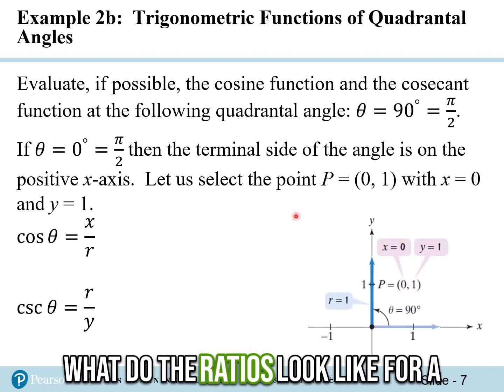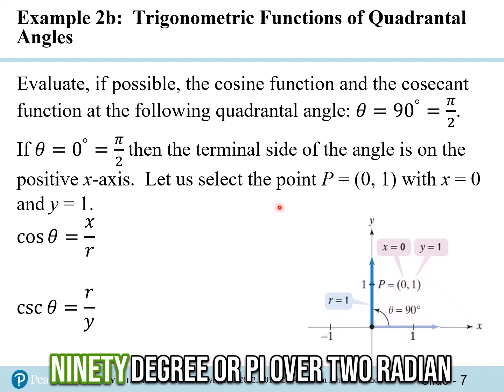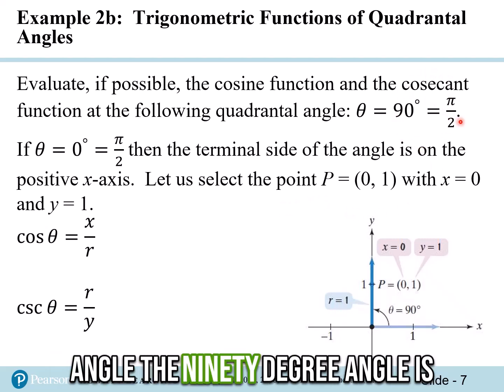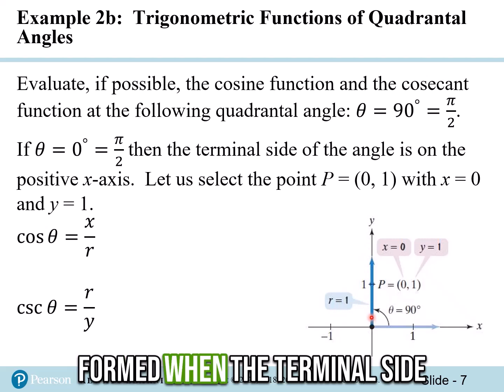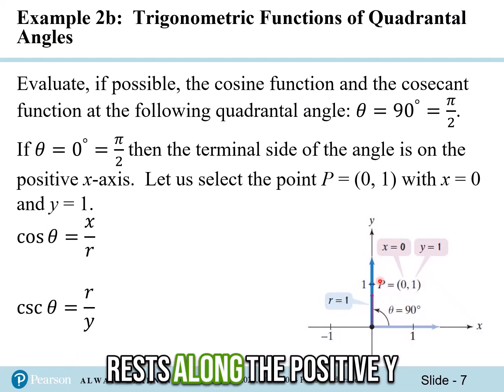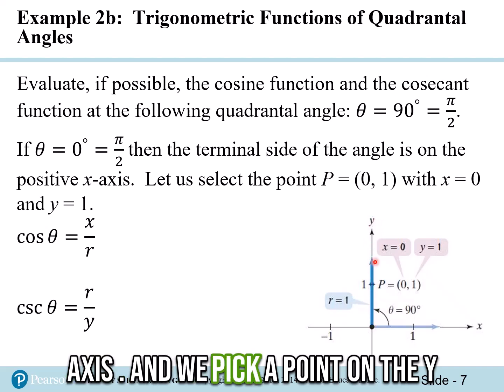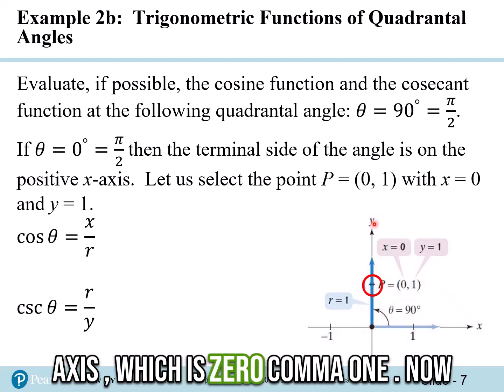What do the ratios look like for a 90-degree or pi over 2 radian angle? The 90-degree angle is formed when the terminal side rests along the positive y-axis. And we pick a point on the y-axis, which is 0, 1.